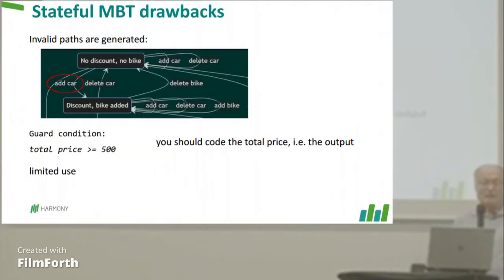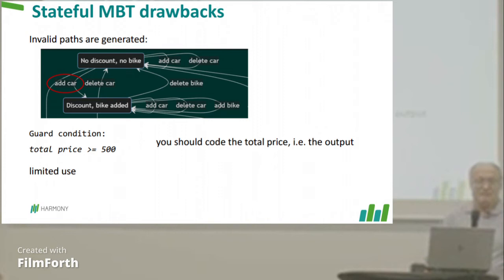Okay, unfortunately, there are also invalid paths. For example, if we add just a car, we cannot go to discount bike added, because first we should cover add car twice. That's why we should add guard conditions again, and the guard condition is that the total price should be greater than or equal to 500.